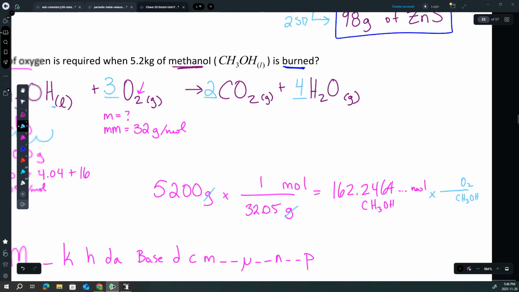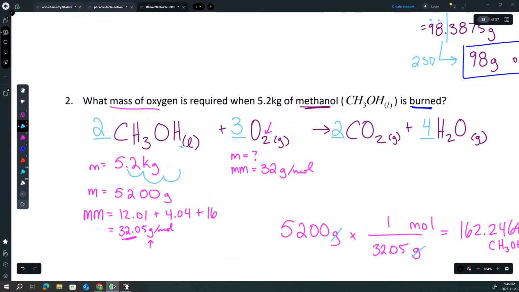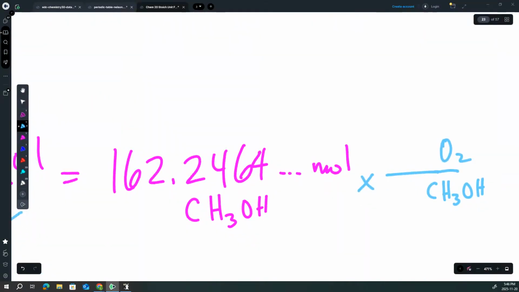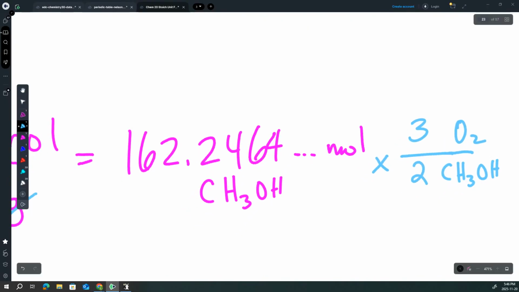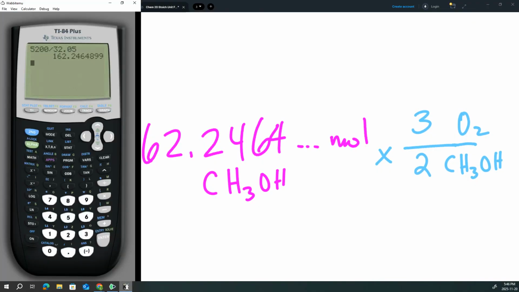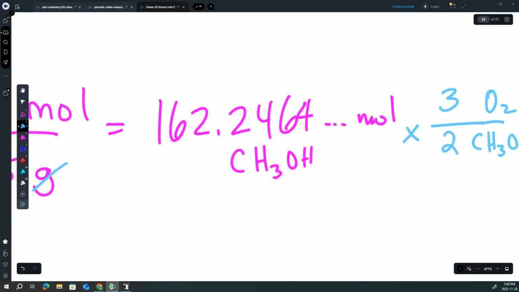What are the coefficients for those? Well, 2 for methanol, 3 for oxygen. So we're taking our number, timesing it by 3, dividing it by 2. So we get 243.3697, goes on forever.